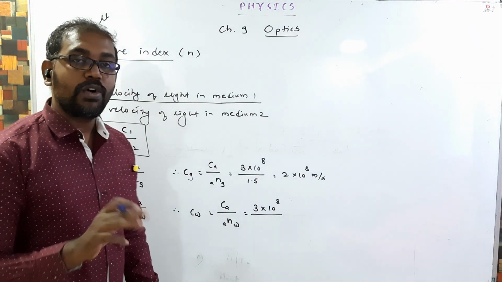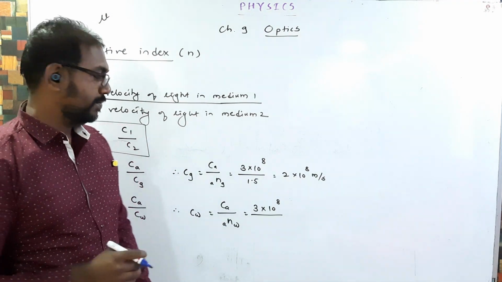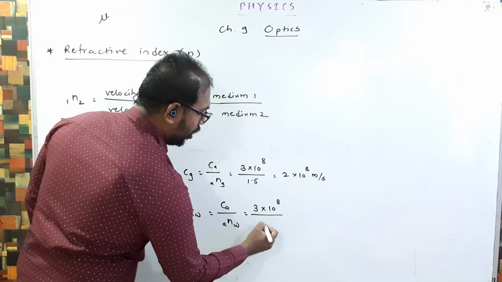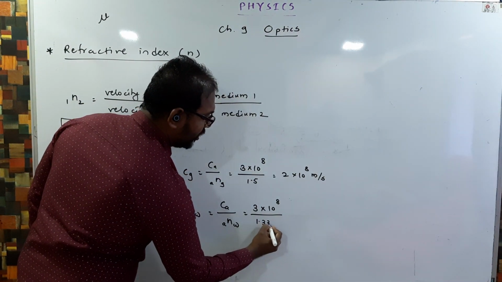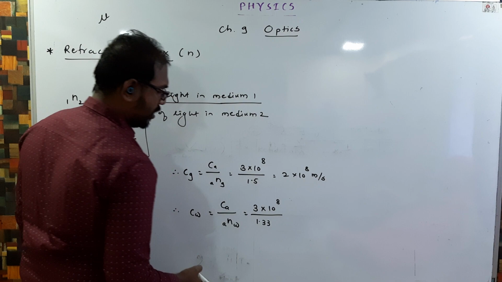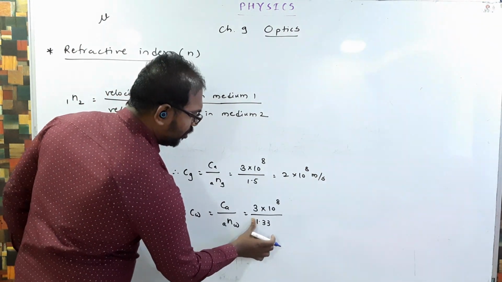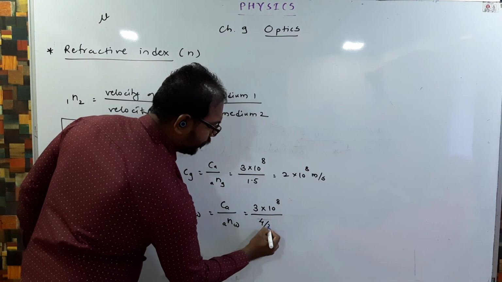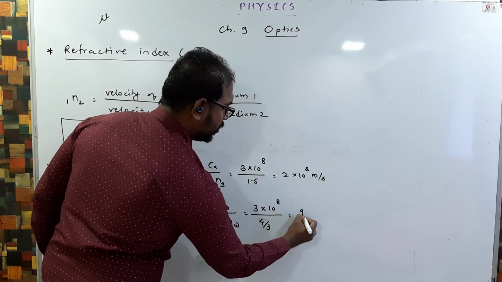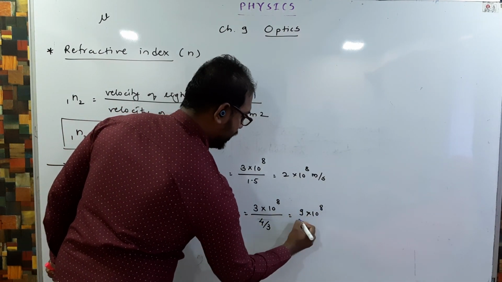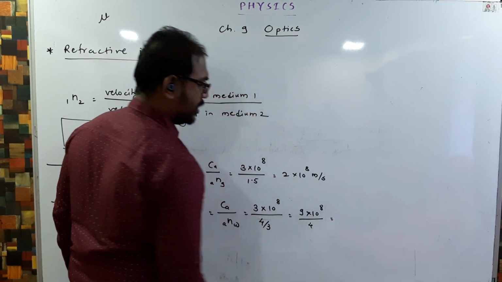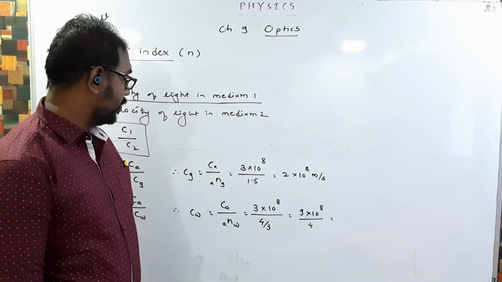Refractive index of water is 4 by 3, or you can write 1.333 recurring. So you can write here 4 by 3. So 3 is shifted up: 3 into 3, 9 into 10 raised to 8 divided by 4. So this is the velocity of light in water.